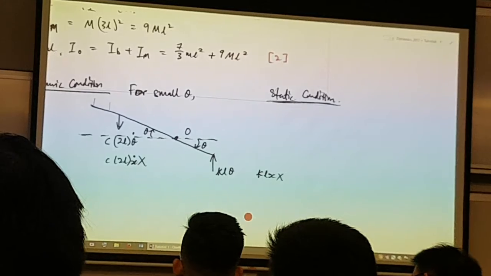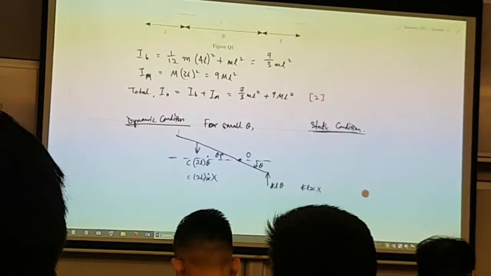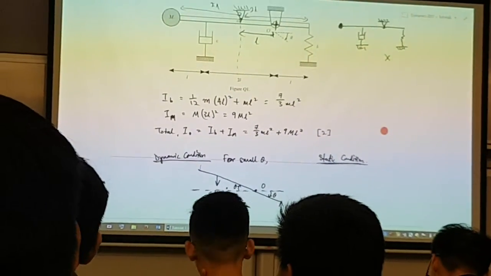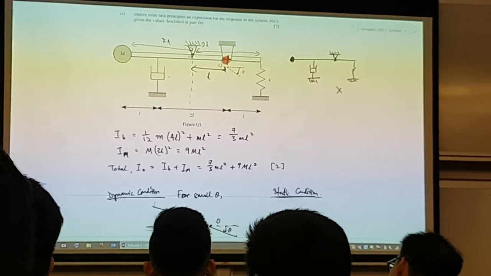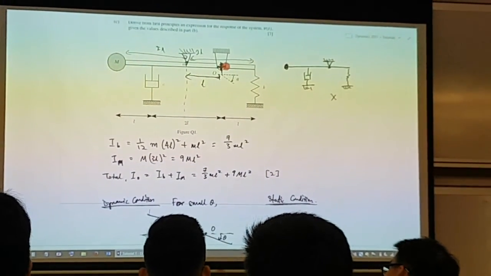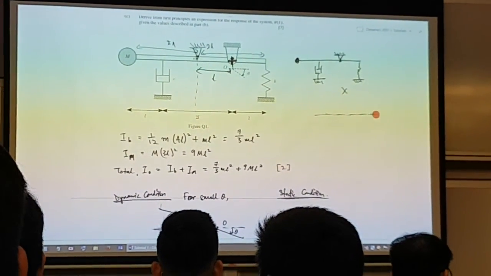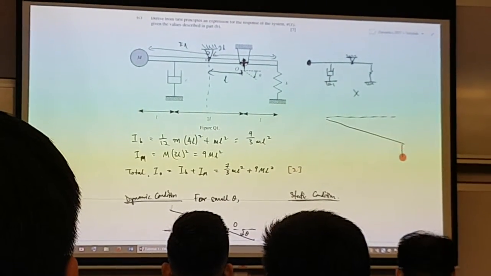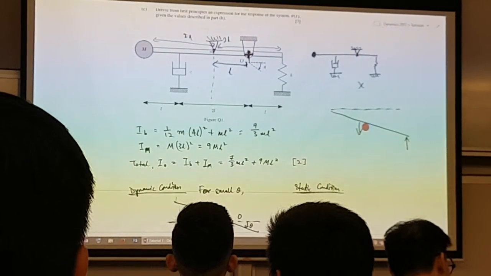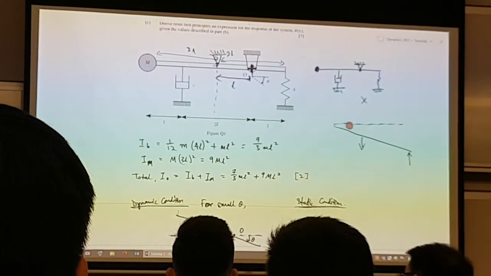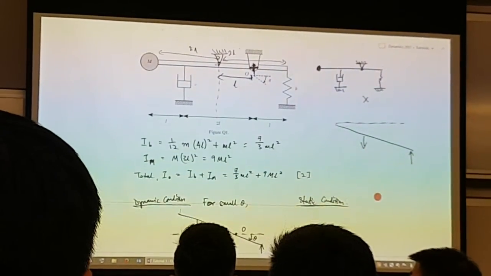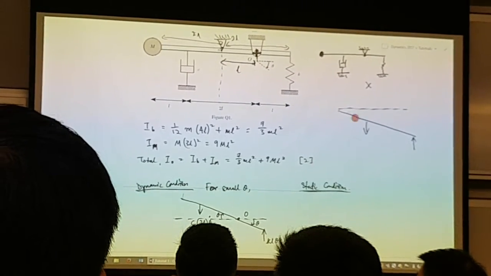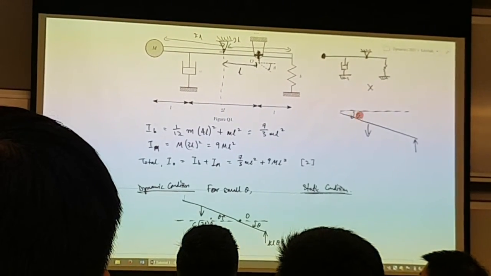So if your friend looks at this, and the pivot point is here, but wrote it in that way, do you see the difference? This one and this one, and wrote that way here.